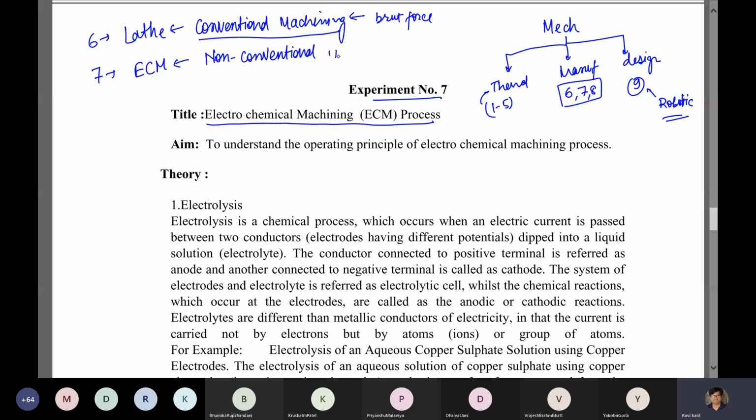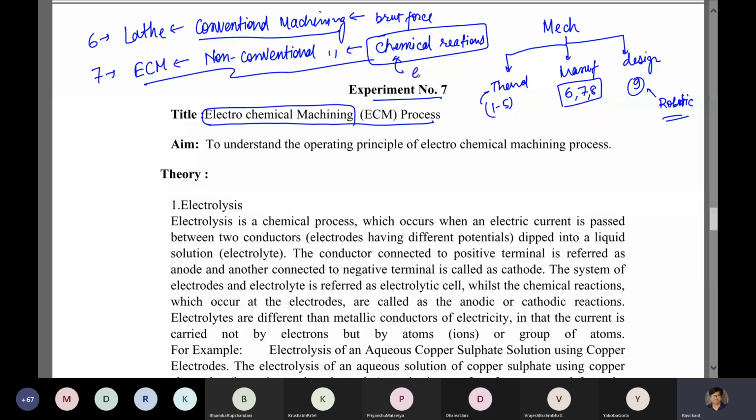But in non-conventional machining, we use chemical energy or chemical means, chemical potential or thermal means, through some sort of chemical reactions. We use chemical reactions to machine our parts. And the specific chemical reaction that electrochemical machining uses is electrolysis.